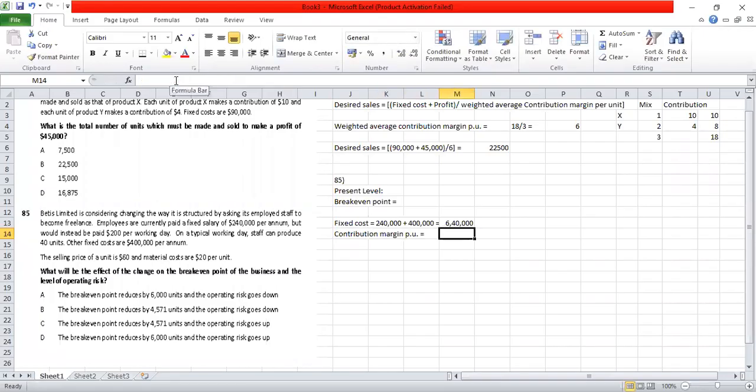Selling price per unit is 60, minus only one variable cost, which is material. Material is the only variable cost because in the present situation, labor is paid at a fixed rate, so that is not a variable cost. So 60 minus 20 is 40. That's the present scenario.